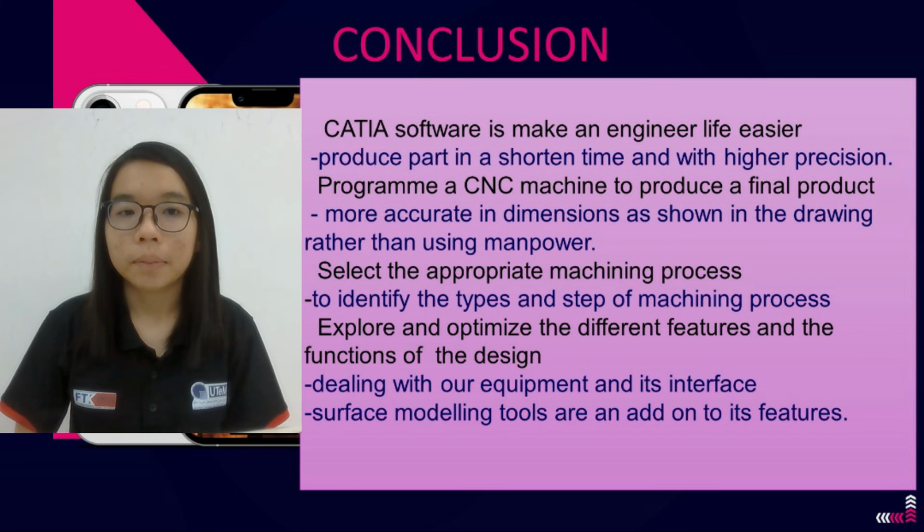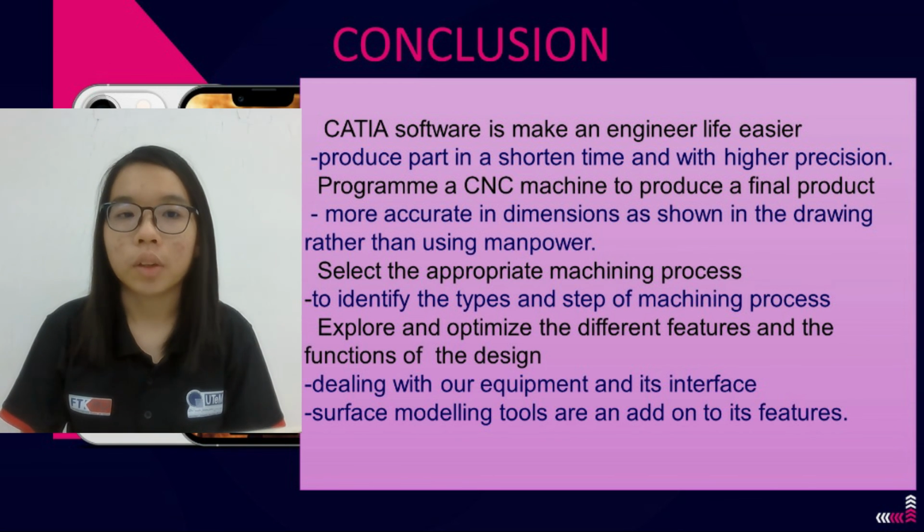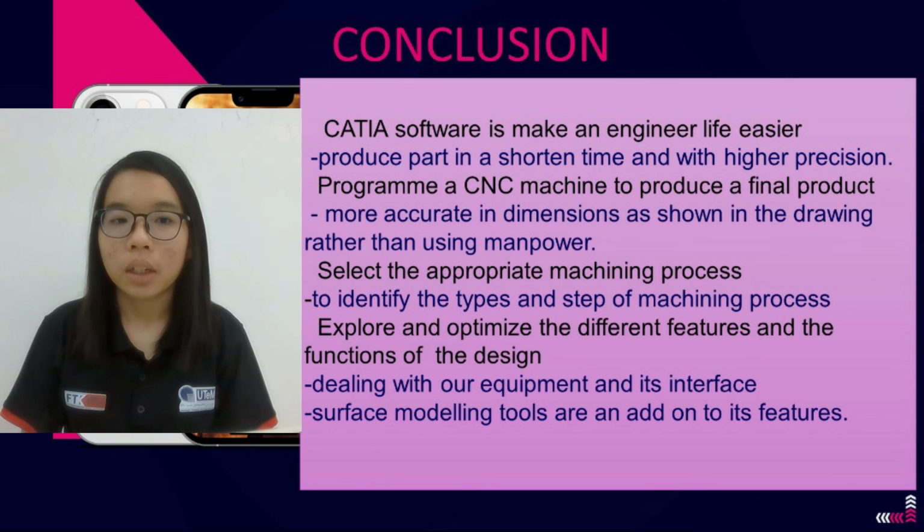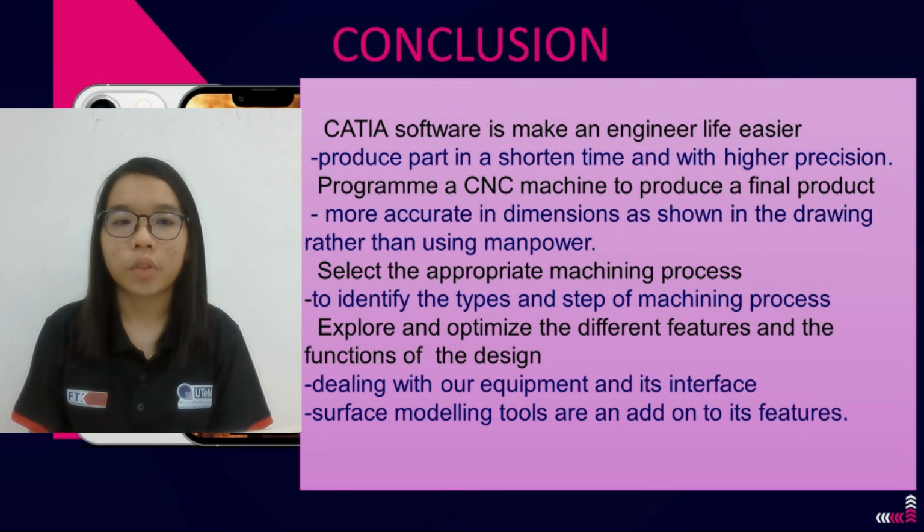I am Lokezi. Now I would like to present the conclusion of our group project. CATIA software makes an engineer's life easier. It produces parts in a shortened time and with high precision. It programs a CNC machine to produce a final product, because the dimensions of our final product are more accurate, as shown in the drawing, than when using manpower.